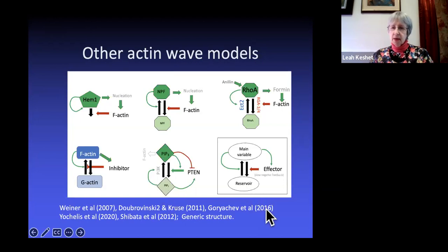And you can see that a lot of them have in common this idea of an active variable, a reservoir, positive feedback, and a kind of negative feedback cycle. So we're thinking that there's some kind of unifying principle, and we're working on some of the mathematical analysis of this system.